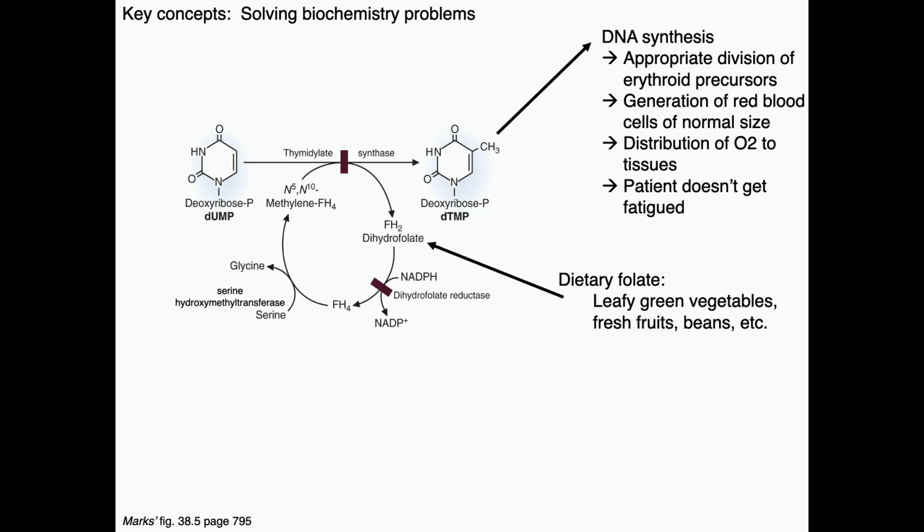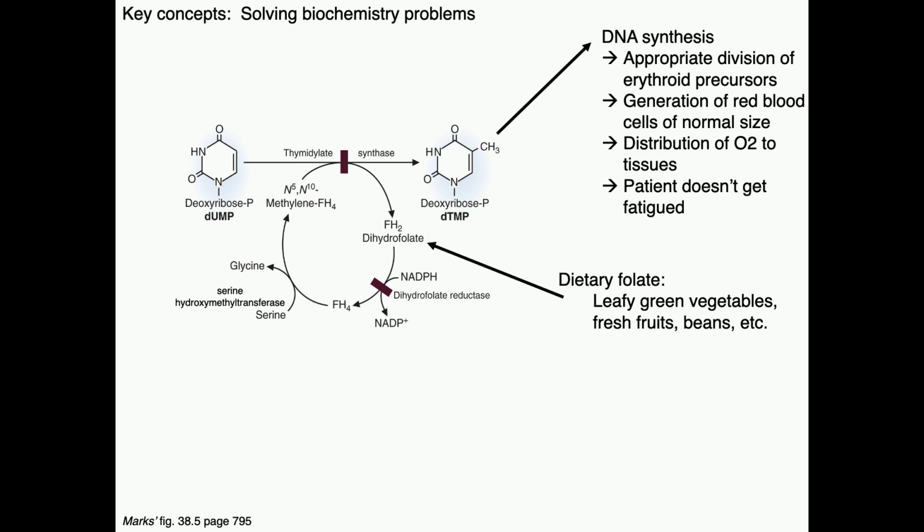Okay, so significance here. This is a biochemical pathway that is supporting a normal physiological process of erythropoiesis. Okay, so we've got the folic acid. This is converted to the dihydrofolic acid and then tetrahydrofolic acid within the body. But that tetrahydrofolate, that's something that we can't make on our own. We need to eat it.